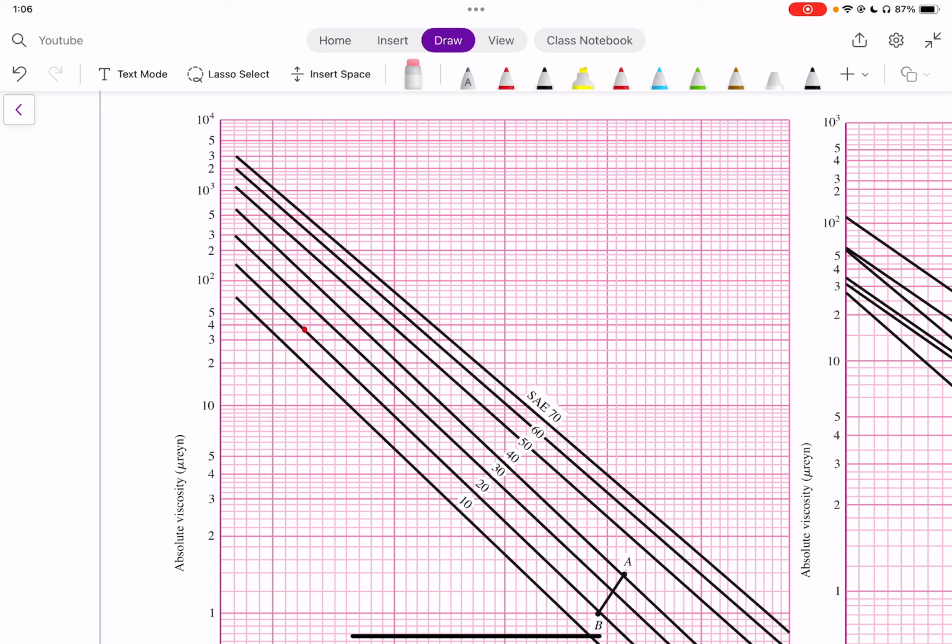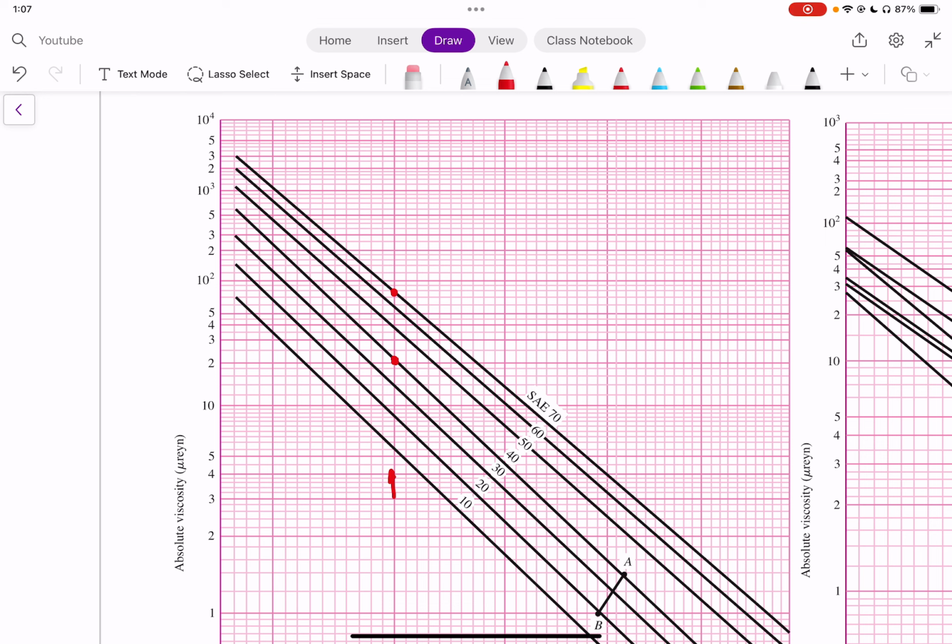Okay, so I'm erasing all the previous information so that we don't get confused. So we have 100 degrees Fahrenheit is this line right here. So we're going to find what our value is for SAE 40, and what our value is for SAE 70.